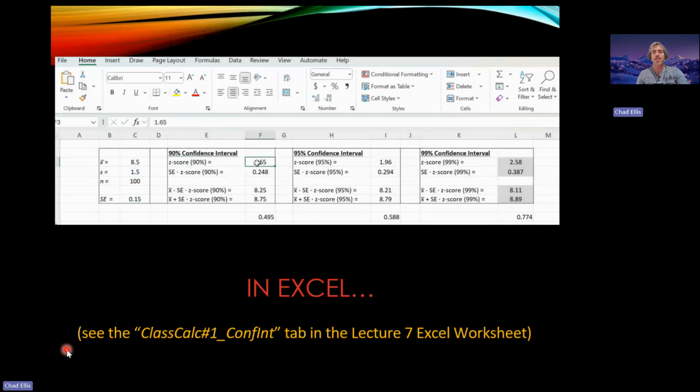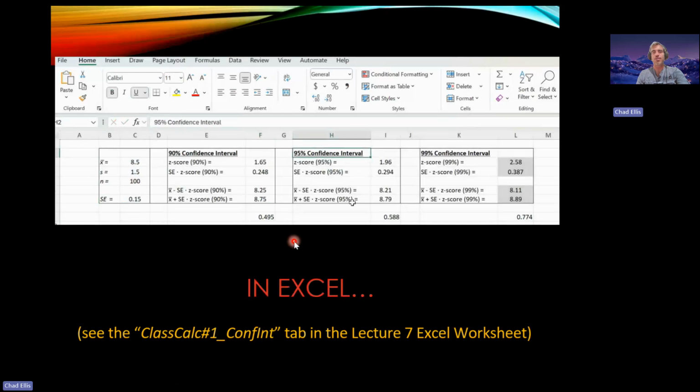So there's my Z score for 90%, 1.65. I'm going to multiply my standard error by that Z score. And then I'm going to both add and subtract that value from my sample mean to give me my confidence interval. So there, for a low value of 8.25, for a high value, I have 8.75.